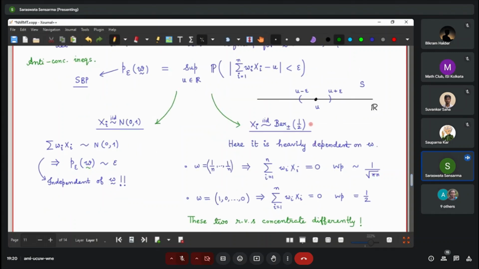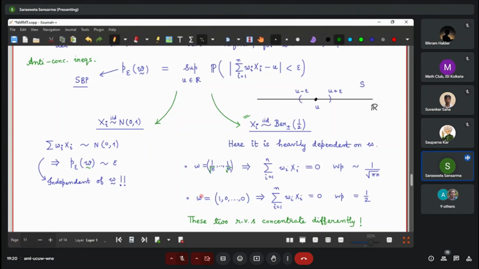So if you take Xi to be IID Bernoulli plus minus 1, plus minus half, and you take W to be 1 over root n, I should take 1 over root n to make it a unit vector. The probability of this guy being 0 is of the order of 1 over square root of pi n, which comes from our standard random walk idea.